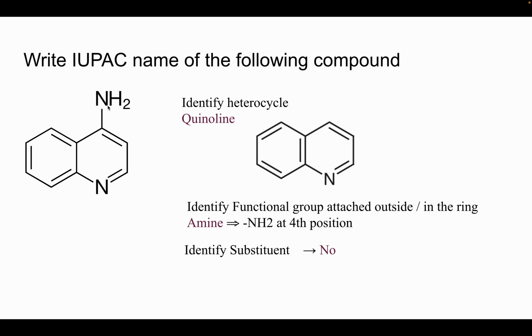The third point is to identify whether substituents are present or not. In this structure, there are no other substituents apart from the heterocycle and functional group. So finally, the heterocycle is quinoline and the functional group is amine, at the fourth position. So the IUPAC name of this compound is quinolin-4-amine. This is how you can write the IUPAC name of the compound.